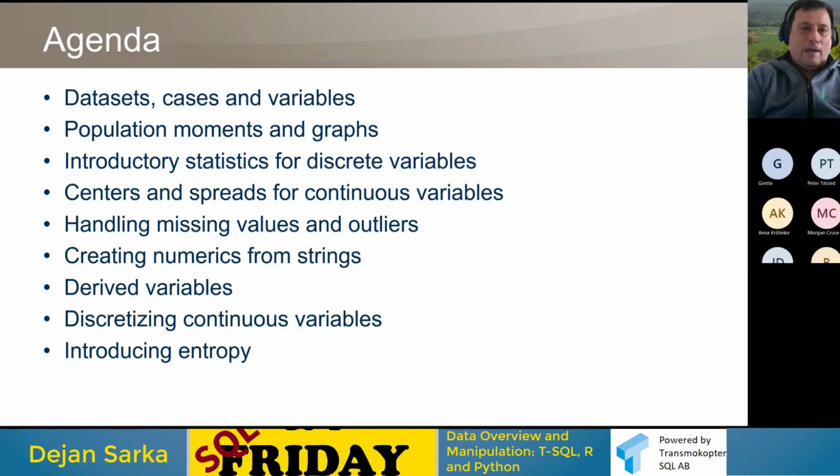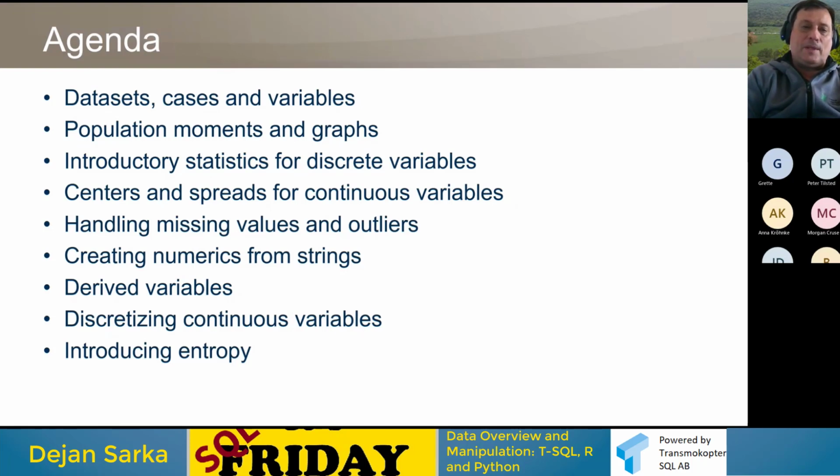Of course, you need to have a good understanding of what you have in your data. So I will talk about data sets and explain what cases and variables are, and how we get an idea about the distribution of values of these variables with introductory statistics, descriptive statistics, and also mention some graphs.